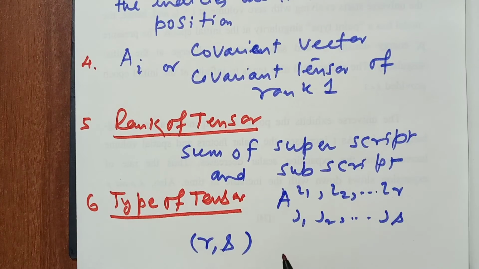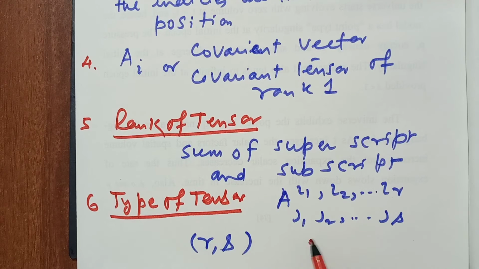Now the type of a tensor. Type means: if we have A with indices i1, i2, ..., iR in the upper position and j1, j2, ..., jS, that is S indices, in the lower position, then the type is (R, S). In the ordered pair, the first element is the number of upper positions R, and the second is the number of lower positions S. So this is the type, and R plus S is the rank.